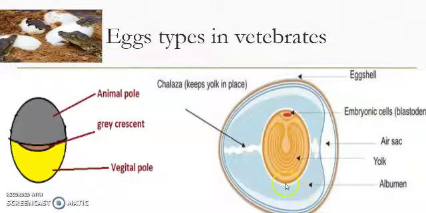And this is the albumin, that is the egg white. It provides a watery environment to prevent desiccation or dehydration. The outer membrane is the shell membrane. The shell is basically made up of calcium carbonate and contains a lot of pores so that air can easily enter into and out of the egg.